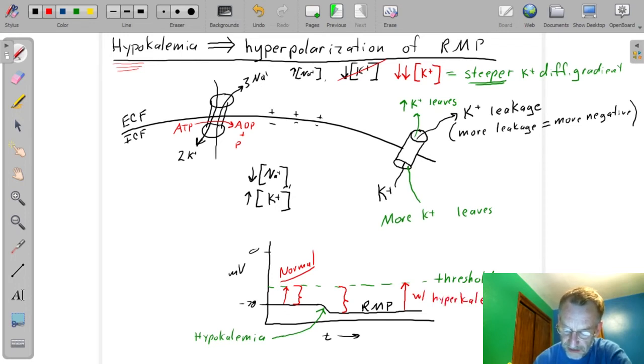So, is the cell going to be more excitable or less excitable with hypokalemia? It's going to be less excitable because it's going to be harder to reach threshold. So it will depolarize, it will generate action potentials more infrequently. It'll be inhibited, sedated, if you will. So that's hypokalemia, leading to hyperpolarization and inhibition of the membrane potential. So we'll do hyperkalemia, and it's just the opposite.